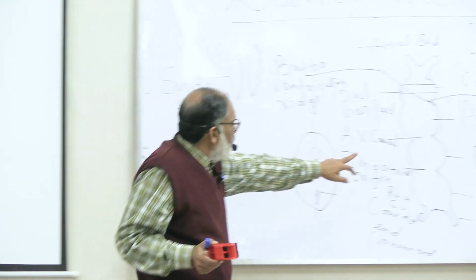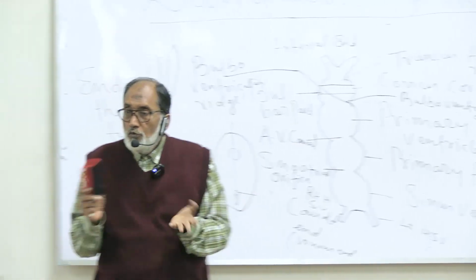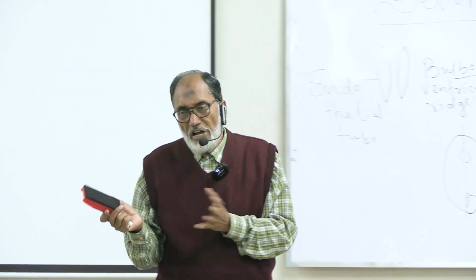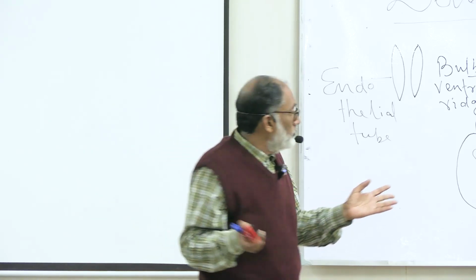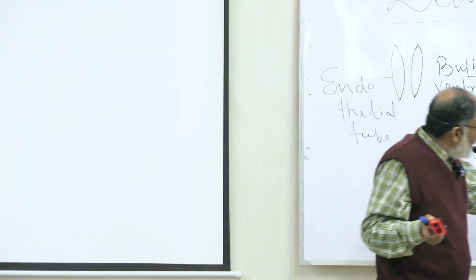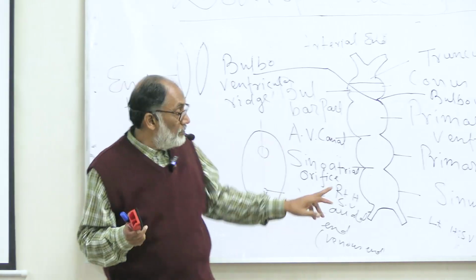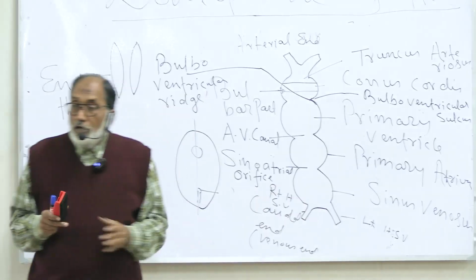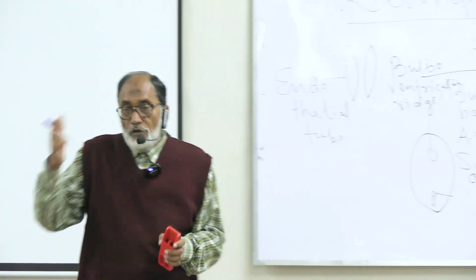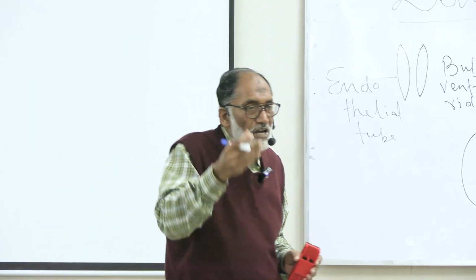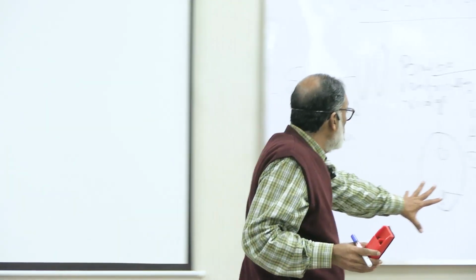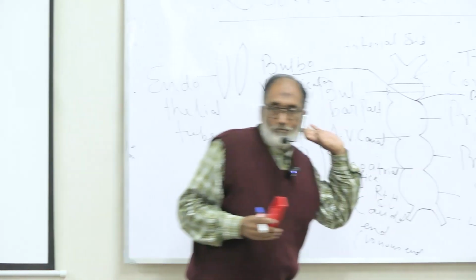The primary atrium will give rise to the rough part of both atria, and the sinus venosus with its right horn will be absorbed within the right atrium and give rise to the smooth part of the right atrium.